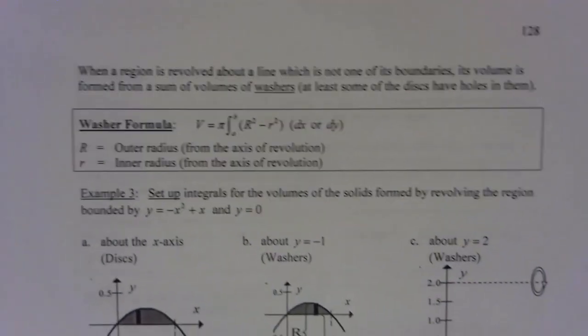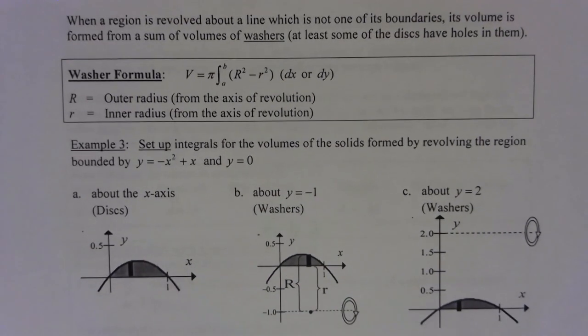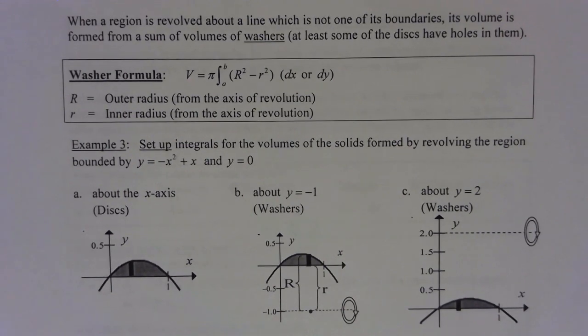Okay, take a moment, change your page. All right, when a region is revolved about a line which is not one of its boundaries, its volume is formed by a sum of volumes of washers. So it's not a solid figure anymore, because it has holes in it.